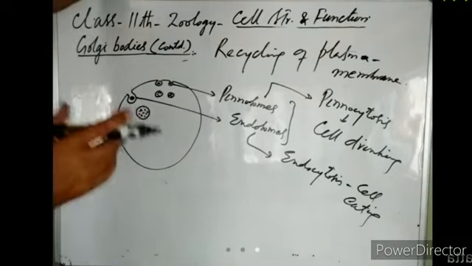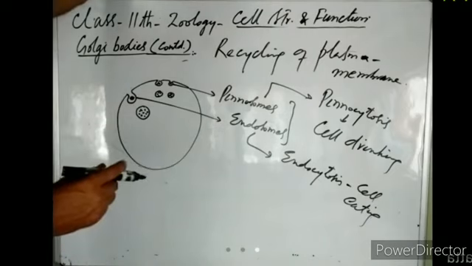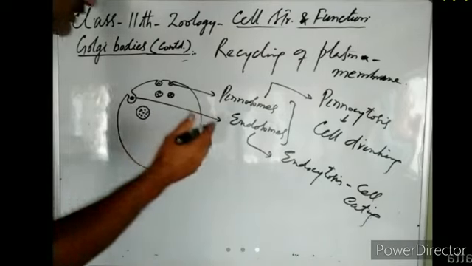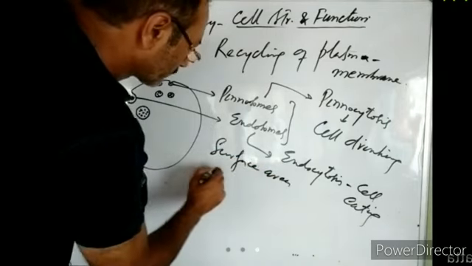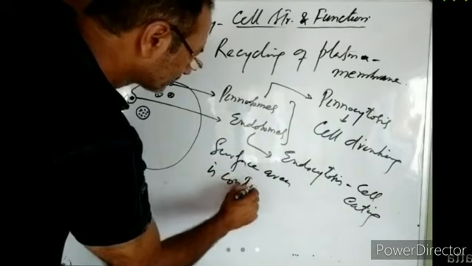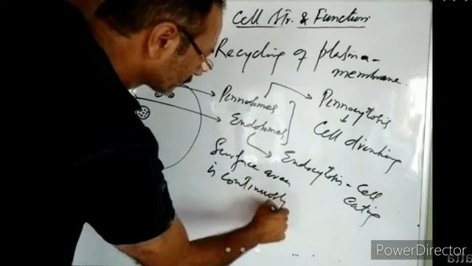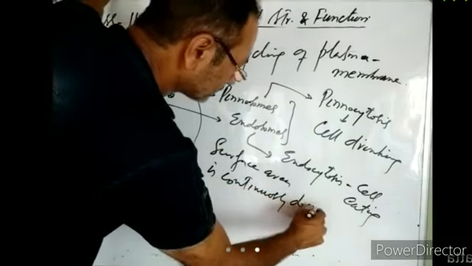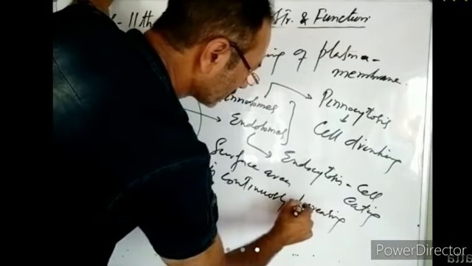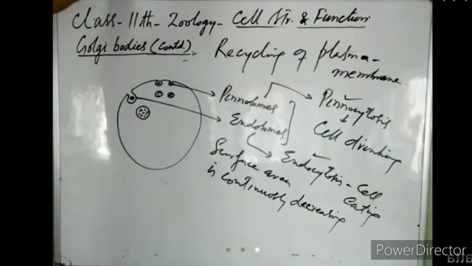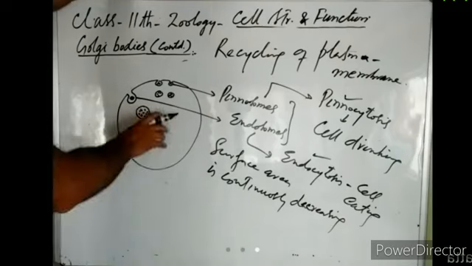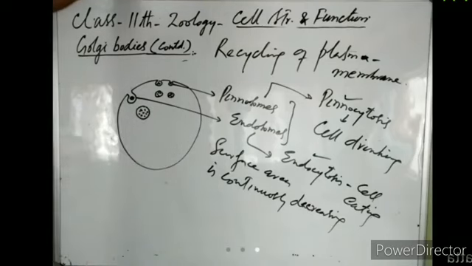So plasma membrane is continuously being cut and the surface area of the cell is continuously decreasing because of pinocytosis and endocytosis. The plasma membrane of the cell is continuously cut and these vesicles are released in the cytoplasm. So the surface area of plasma membrane is continuously decreasing.